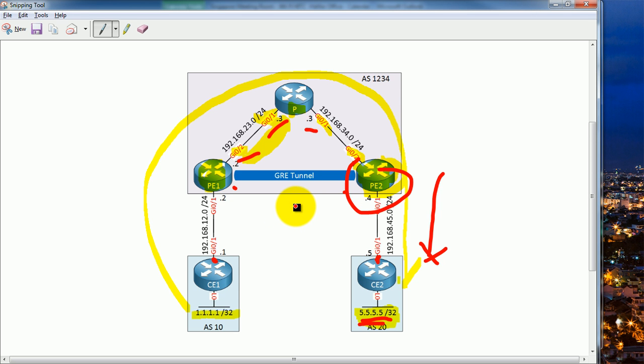P2 will add the label 16 to the packet and it will forward it out the GigabitEthernet 0/2 interface toward the P router.